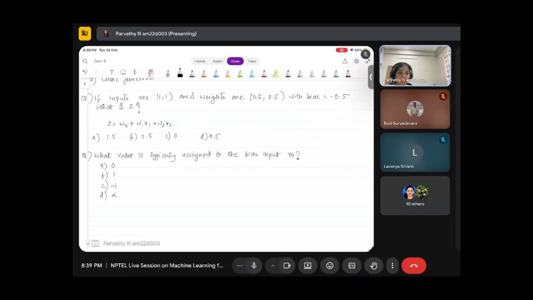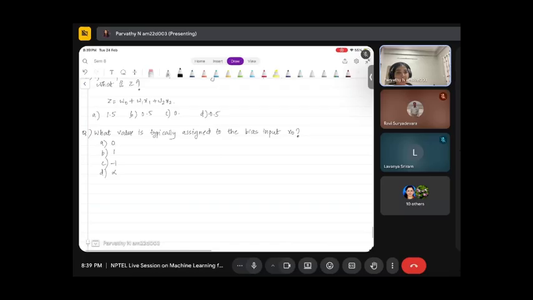So usually we assign x0 as what value is the question. So it is 1.